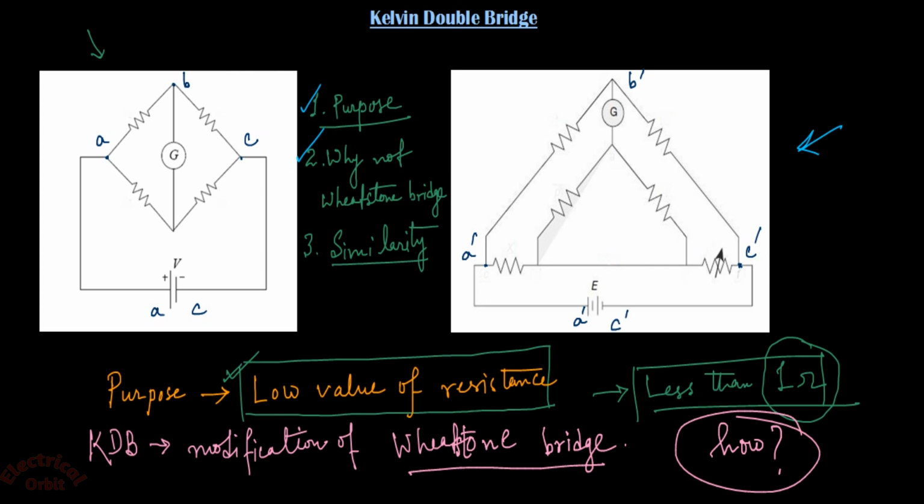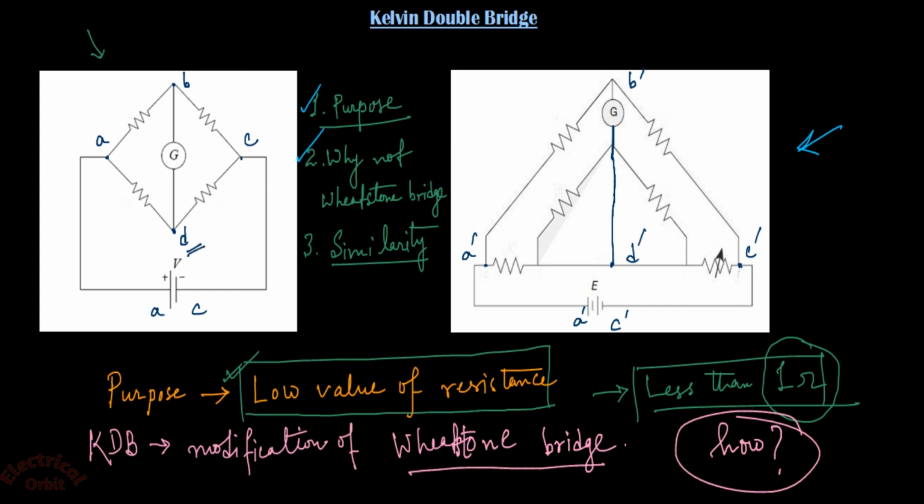The similarity is, if I give this particular node the name D, then this terminal, which I have shown in blue color, is connected directly with this point, that is D dash, or D in the Wheatstone bridge.